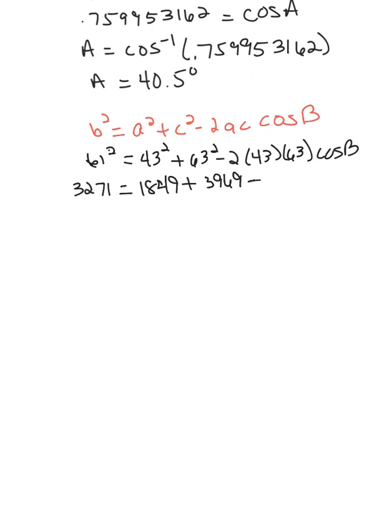Minus 2 times 43 times 63 gives me 5418 times the cosine of B.